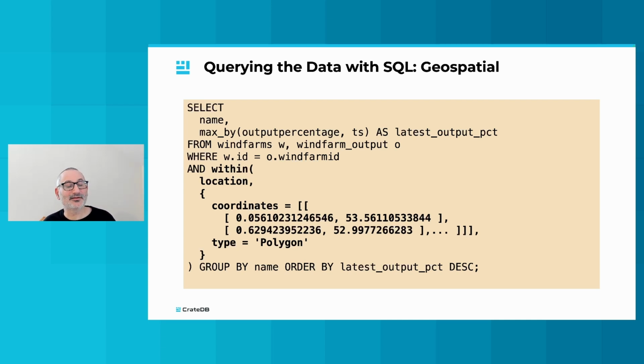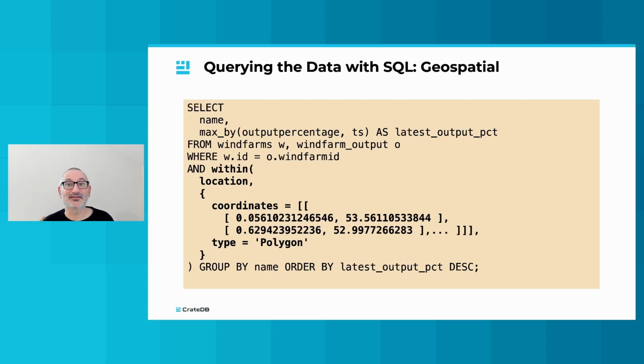So here we're asking the database for the names and the latest output percentage from wind farms that fall within our polygon. Also to note, I'm using a function there called maxBy. That's a CrateDB function, and what it does is it tells us the value of one field at the point at which another field is at its maximum.